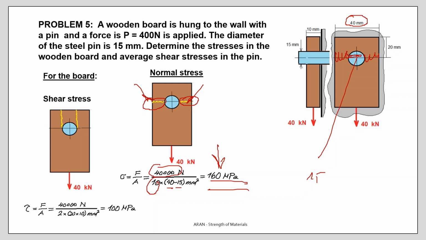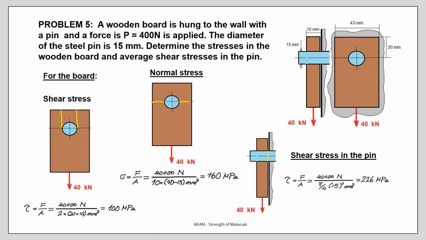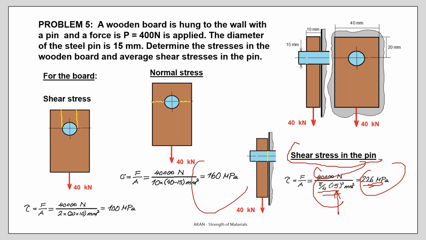That's also fine. The last one is the shear stress in the pin. The force is the same. The diameter is 15, that's the area, and that's the stress in the pin. It's higher than those stresses, but don't forget that this is steel, a much stronger material.